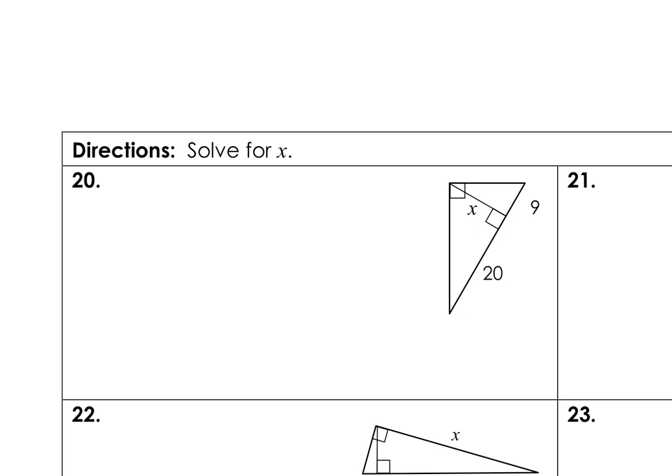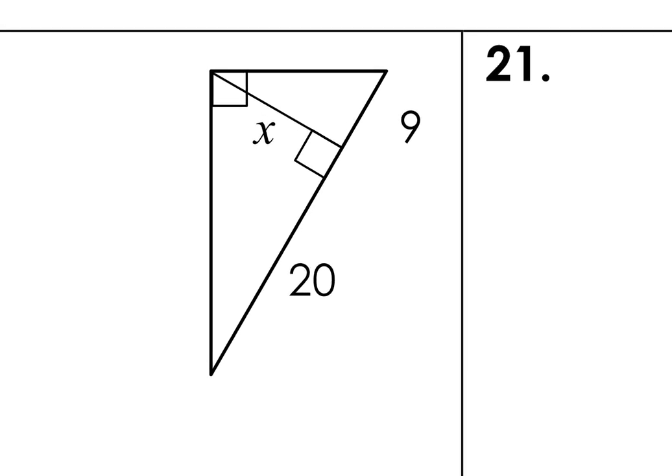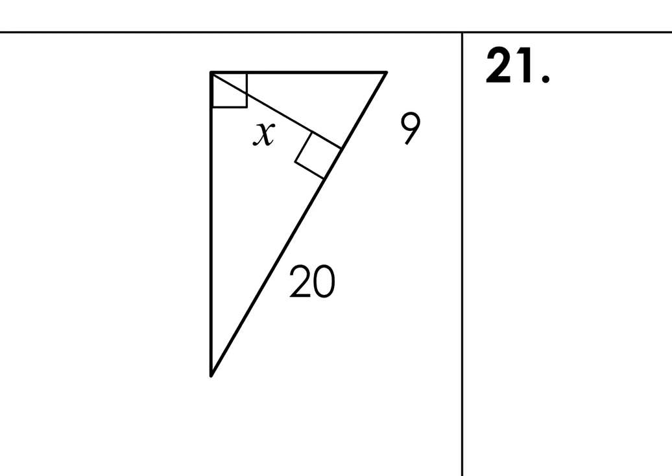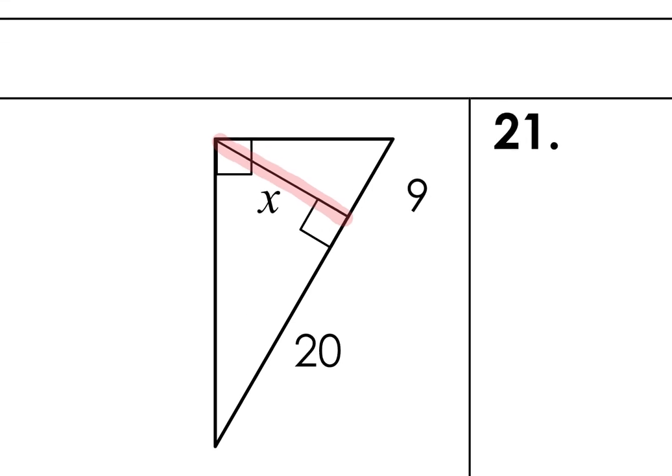And the other one would be if I have a leg of the right triangle or need to find a leg on the right triangle. So I have to kind of figure out which one I need to use. As I look at question number 20, I see right away that the variable x that they want me to find is the altitude of this triangle.